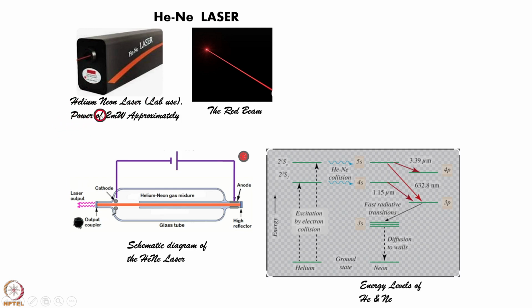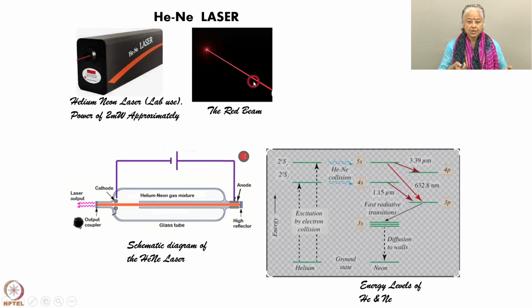It has a power of 2 milliwatts, and sometimes it goes up to around 4 milliwatts. It is used for alignment of other optical systems. It's a good alignment system because the output of this laser is a sharp red beam, just like an arrow going through.